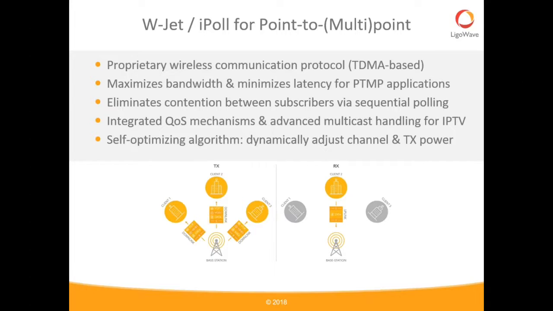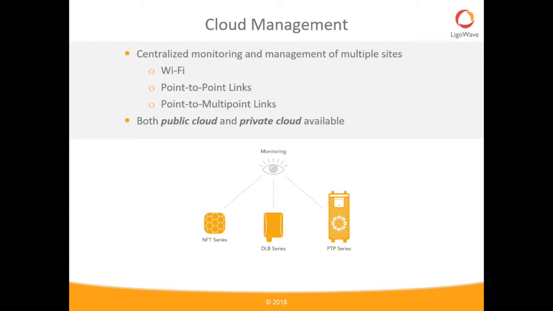And as I mentioned, the algorithm is self-optimizing, so it will dynamically adjust both for capacity, and you can have it dynamically adjust for both channel and transmit power using that automated transmit power control I mentioned earlier. The nice thing about this protocol is that it meets our need for speed, so we get over 30% faster data throughputs than you would using the conventional wireless distribution system that you would see in most other vendors.